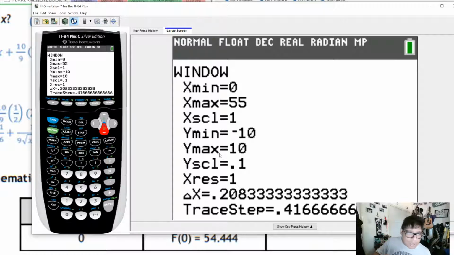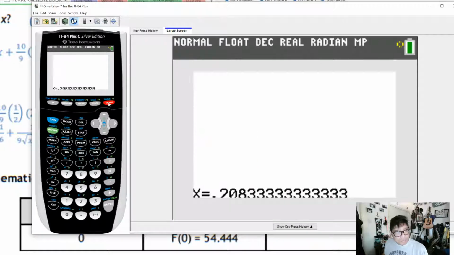I'm interested in when the derivative is equal to 0. So a window for y min of negative 10 and y max of 10 is going to capture any place where the derivative is equal to 0. So I'm going to push graph next.